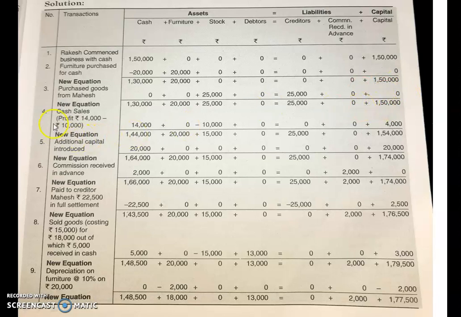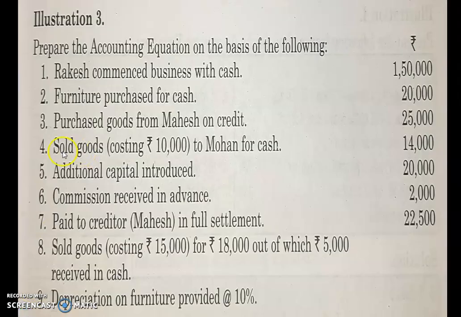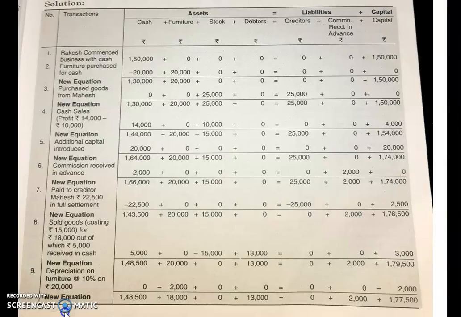Now next is the fourth case: sold goods costing rupees 10,000 to Mohan for cash. You are selling goods of rupees 10,000 for rupees 14,000 to Mohan. So cash sales is there.